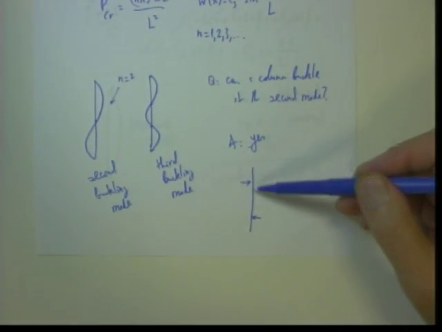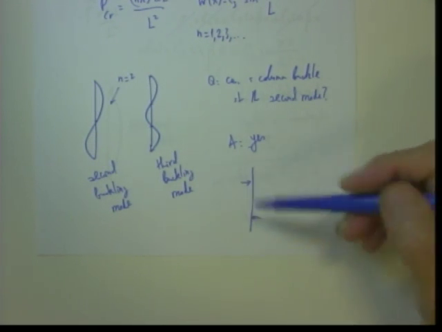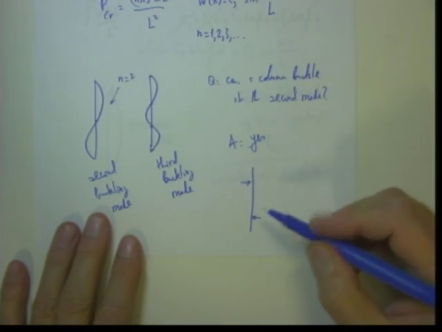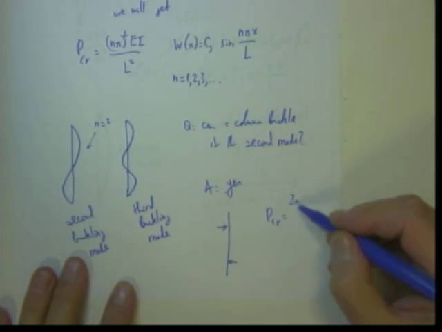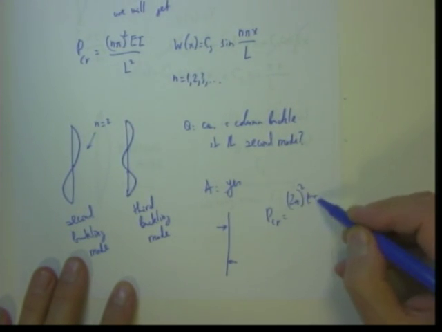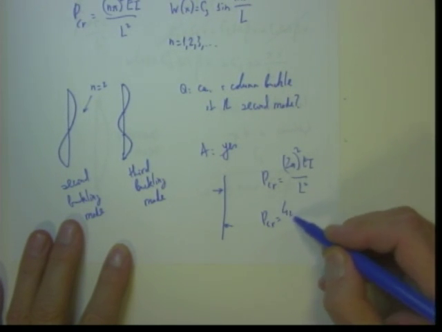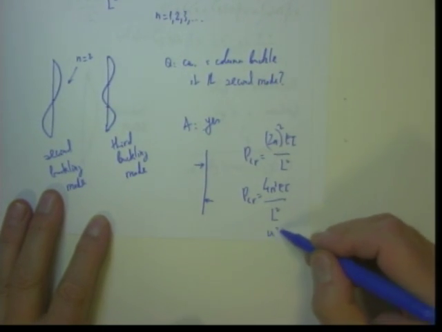If I give such a kick, say at 1/4 here and 1/4 from there, then this will happen. And the appropriate buckling load, P critical, will be 4 pi squared EI over L squared, which means 4 times more.